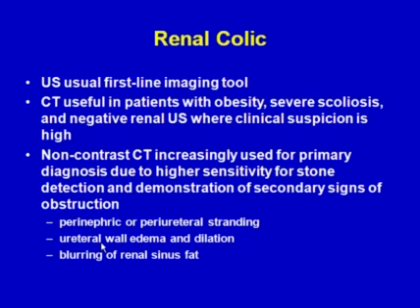Non-contrast CT is increasingly being used for the primary diagnosis as opposed to ultrasound, because it has a higher sensitivity for stone detection and also can demonstrate a number of secondary signs of obstruction, including perinephric or periureteral fatty stranding, edema of the ureteral wall, dilation, and blurring of the renal sinus fat.